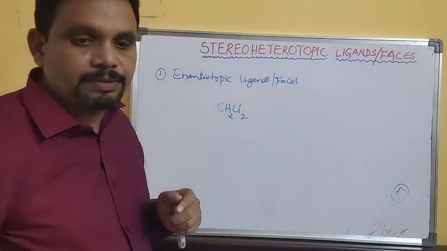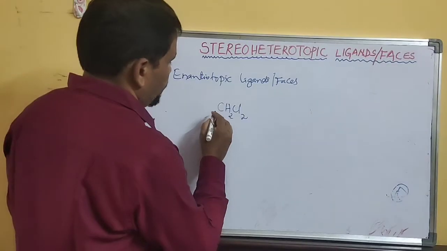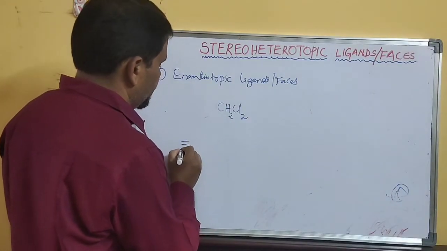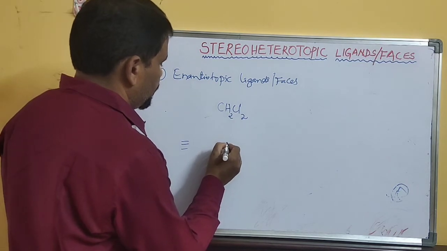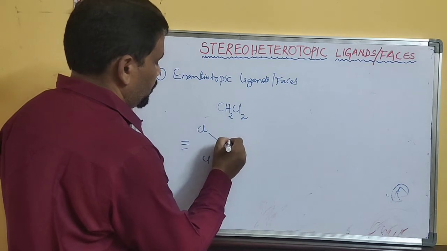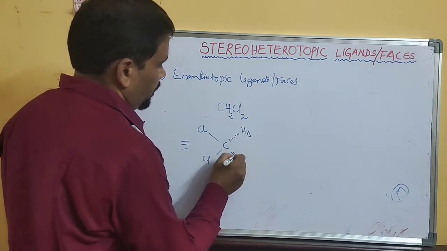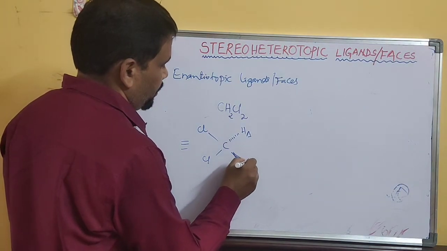Methylene dichloride. We can write it like this: Cl, Cl, and one hydrogen Ha, and you can write another hydrogen Hb.